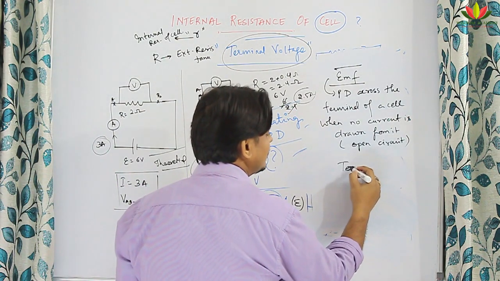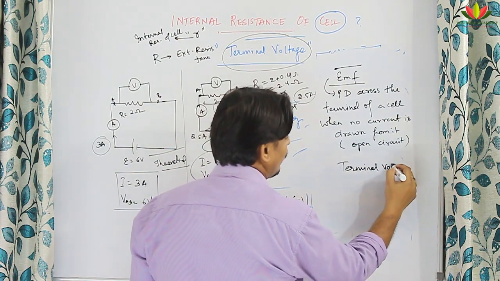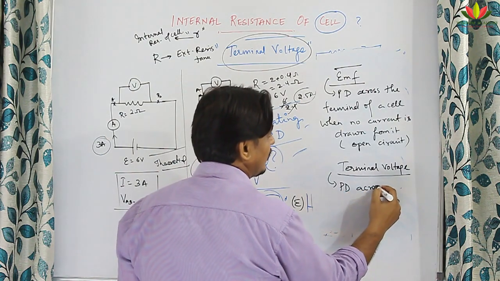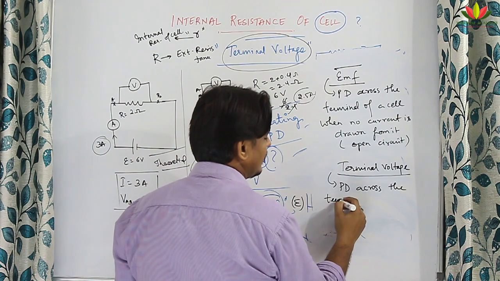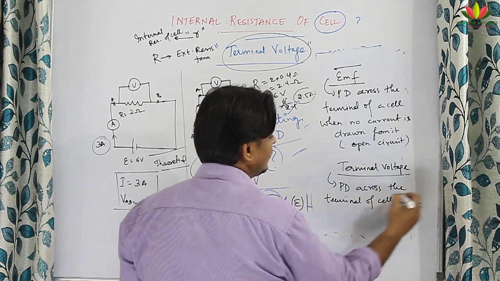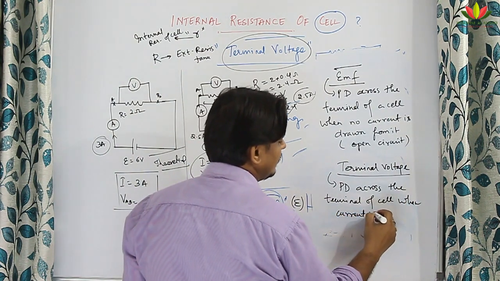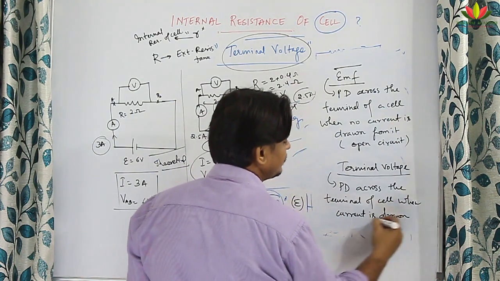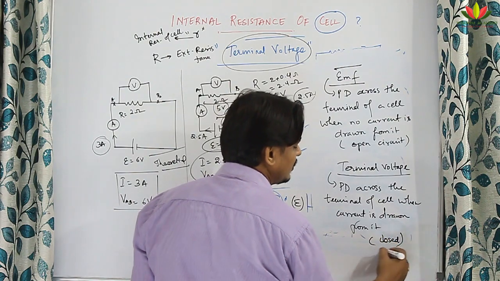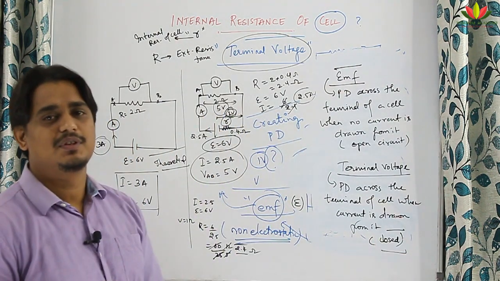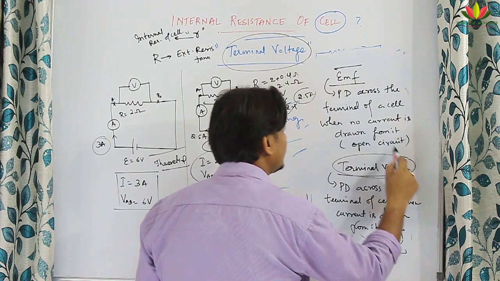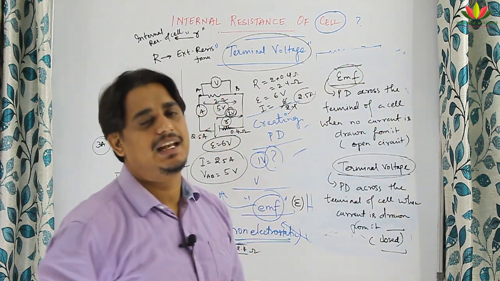And what is terminal voltage? Terminal voltage is also the potential difference across the terminal of a cell when the current is drawn from it. That is, it is in a closed circuit. So, if the battery is being consumed, you can very well understand that this terminal voltage will always be less than the electromotive force.